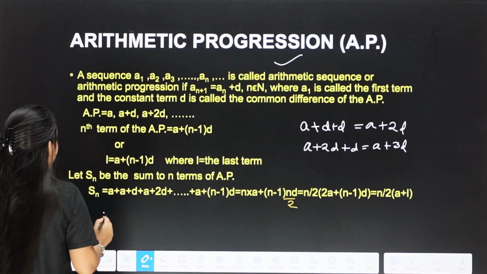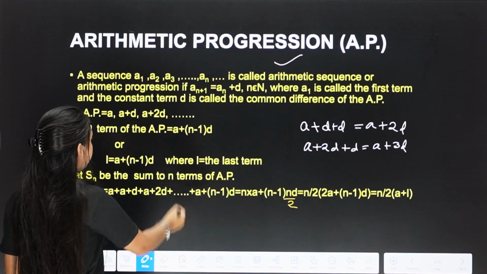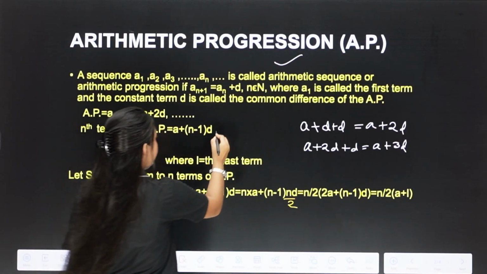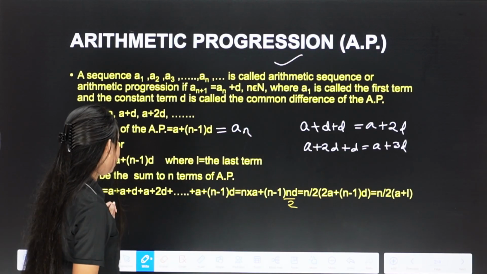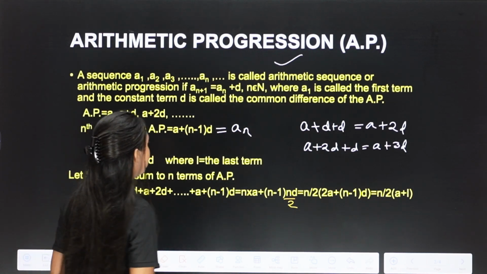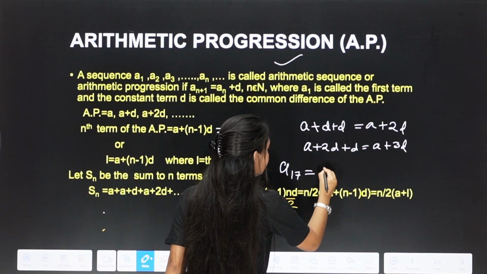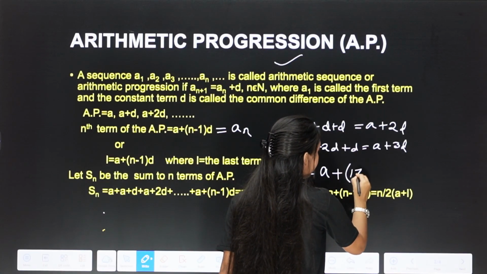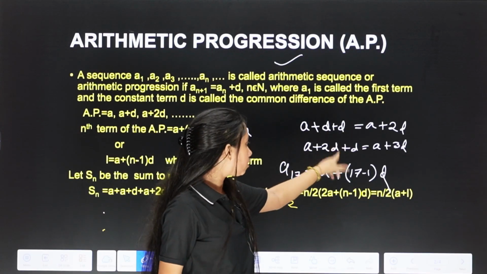So, if we are asked to find the nth term of the AP, then we will have the formula A plus n minus 1 into D, which we will represent as AN. For example, if we are asked to find the 17th term, it will be A17 is equal to A plus 17 minus 1 into D, where A is the first term and D is the common difference.